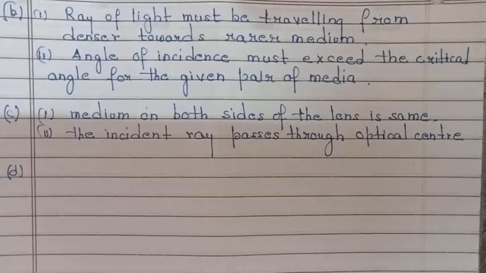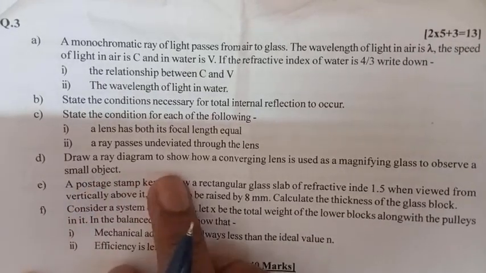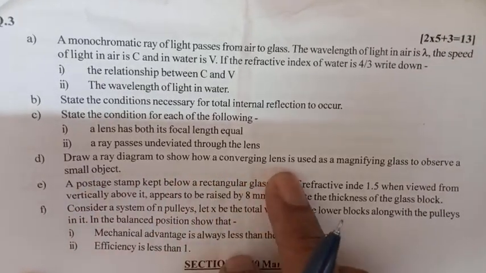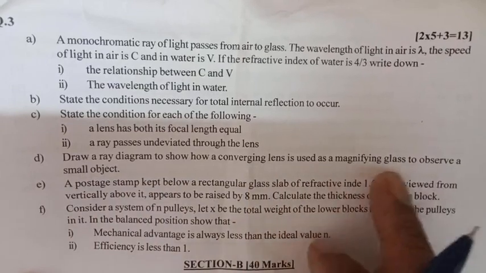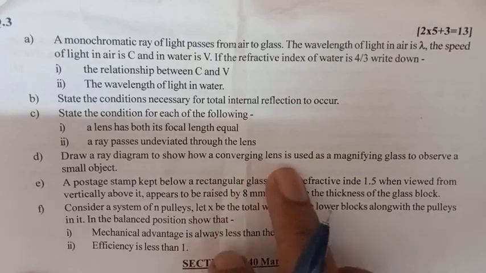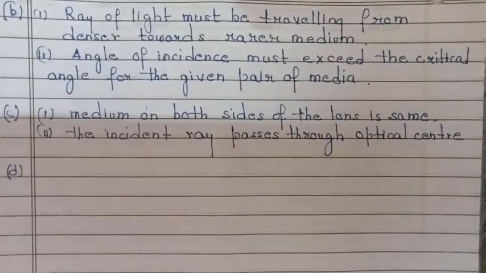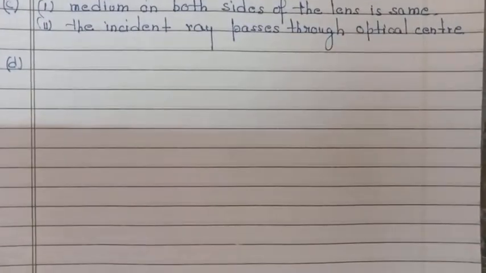So let's see what we have in the D part. In the D part, they say draw a ray diagram to show how a converging lens is used as a magnifying glass. Now, they are saying converging lens.